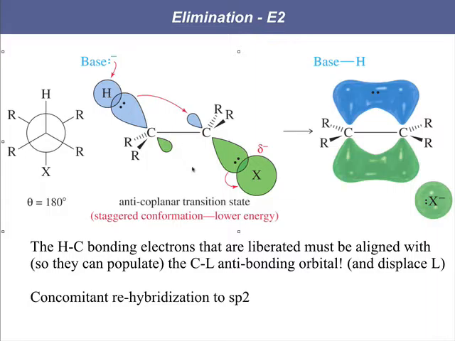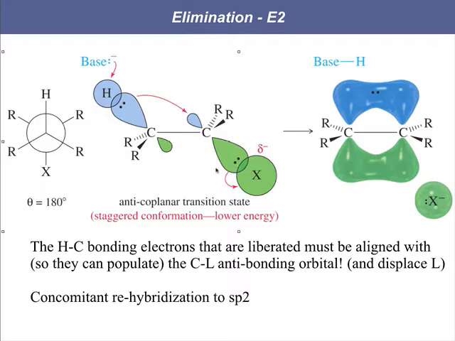Notice very specifically here that the electron pair that gets liberated when the base grabs the hydrogen is already aligned. It's in the same plane with the anti-bonding orbital of the carbon leaving group bond.